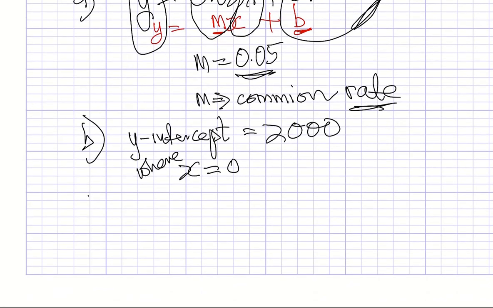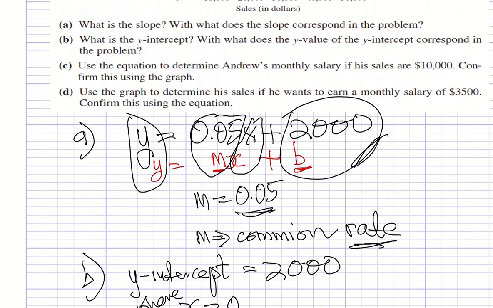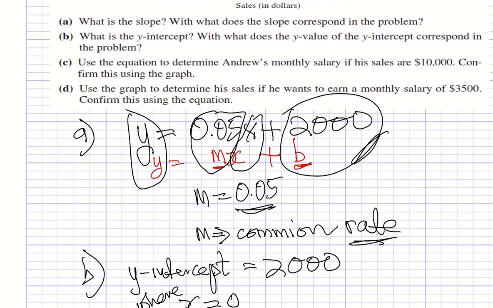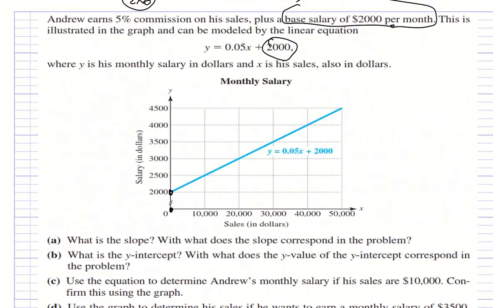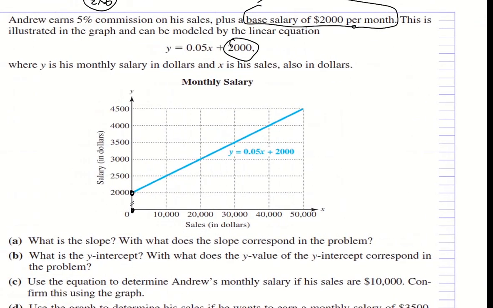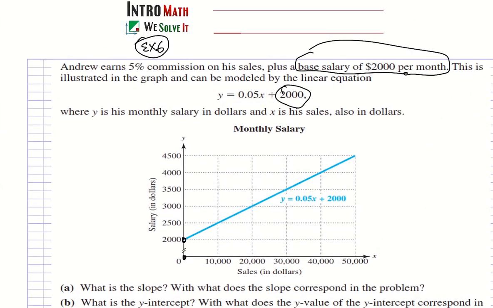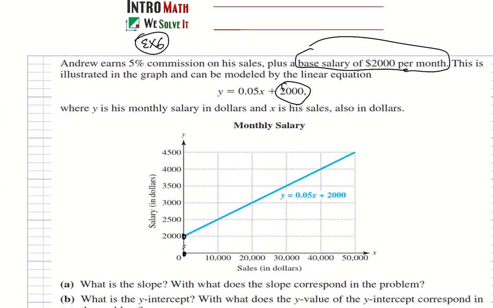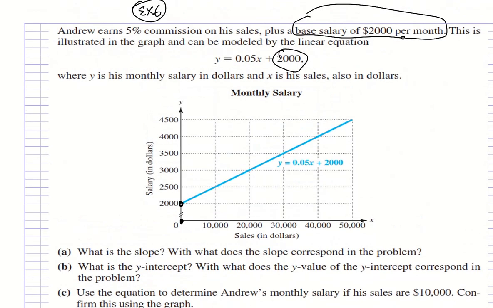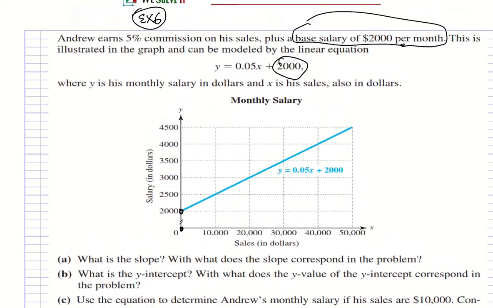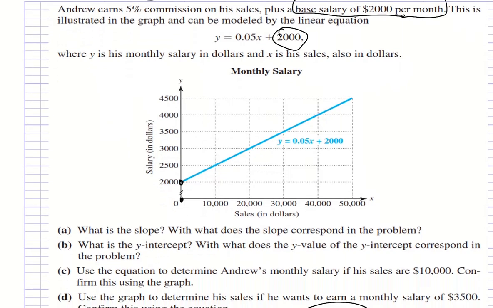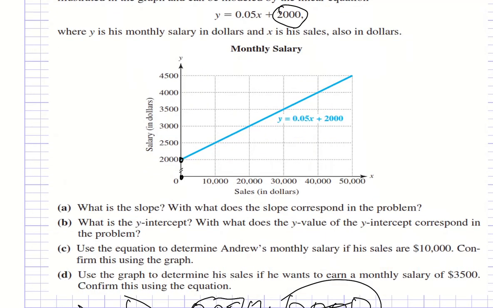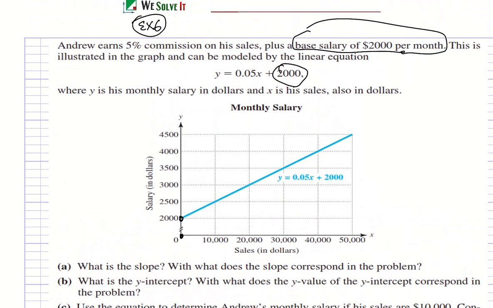Okay, so they said that if he sells 10,000, remember x represents sales, and then they say use that to determine Andrew's monthly salary. Y represents salary.